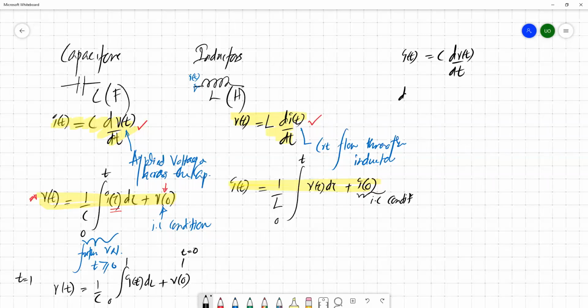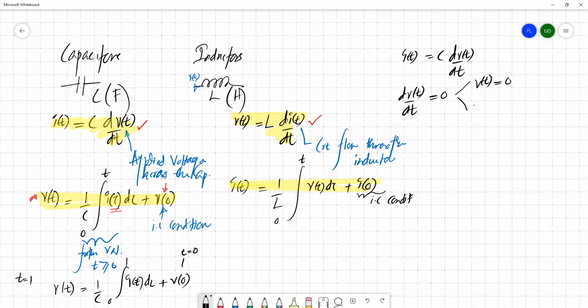What happens if this derivative is 0? We know that the derivative may be 0 in these two cases. One is that the voltage would be 0, so the applied voltage across the capacitor would be 0. Then definitely the derivative would be 0.